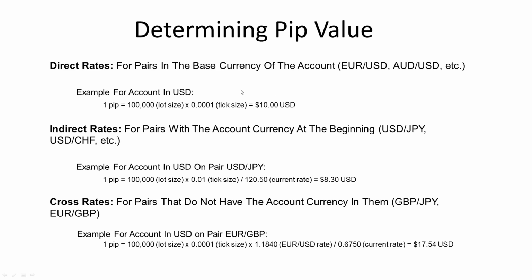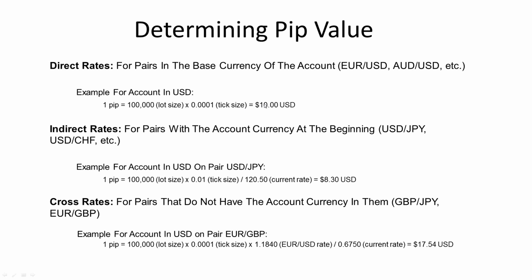An example here would be any of those pairs, euro dollar, Australian dollar, anything that has the dollar as the base. A pip value is 100,000 for the lot size, we're going to say we're trading one lot, times the tick size, which for these currencies is 0.0001. We're not going to go to the fifth digit, because we're looking at 1 pip as the fourth decimal place on these currencies.